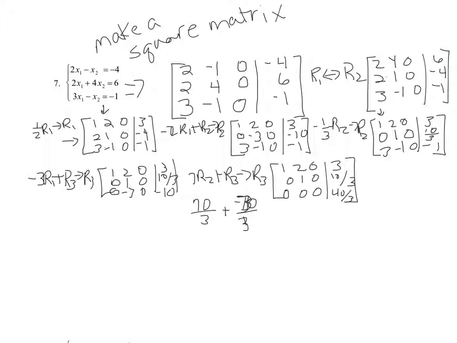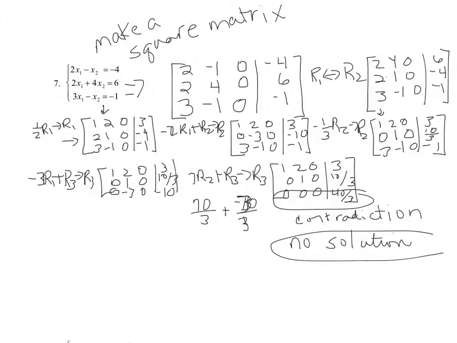Because if I look at this bottom row, that is a contradiction. I have zeros for every element on the left side, and that would say that 0x1 plus 0x2 plus 0x3 is equal to 40 over 3.